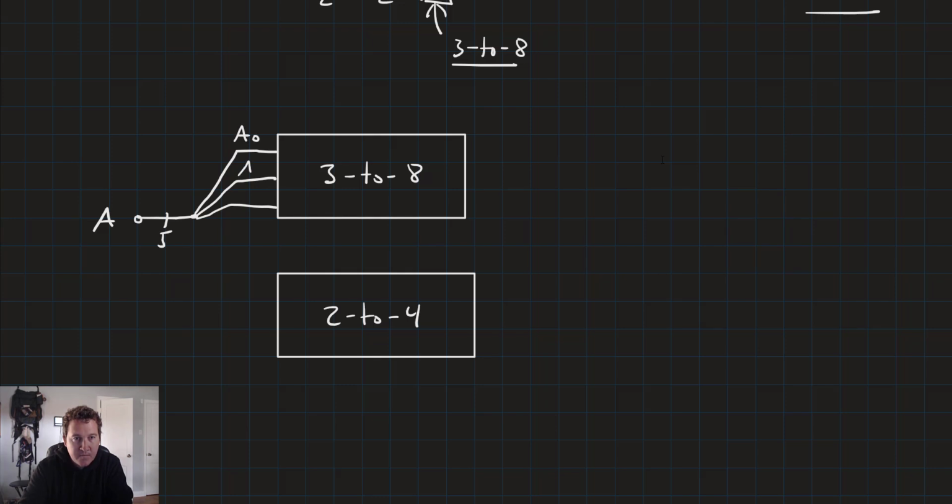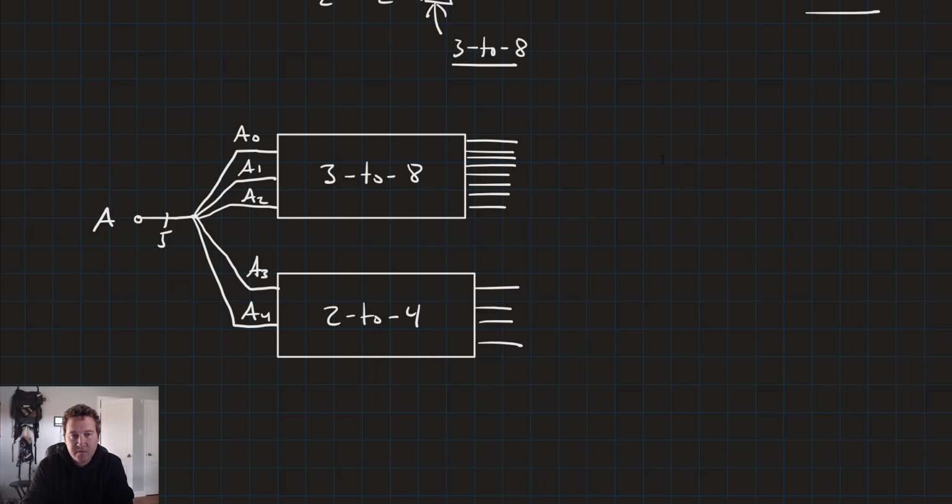So that's going to be A0, A1, A2, A3, and A4, just like that. 8 outputs from the 3 to 8, and 4 outputs from the 2 to 4. So that means we're going to have a total of what? 8, 9, 10, 11, 12. So the wire in this case is going to be equal to 12 bits.